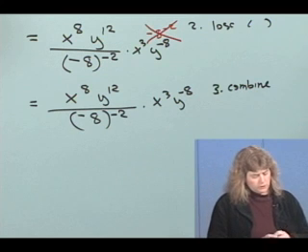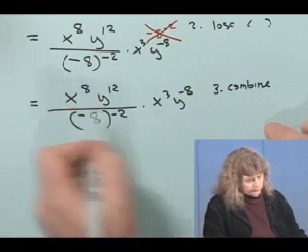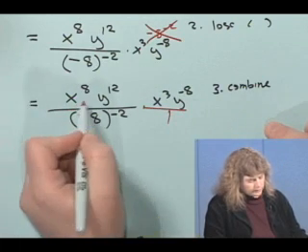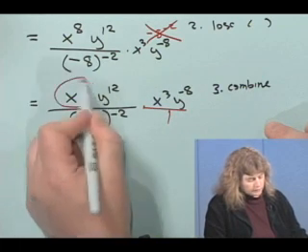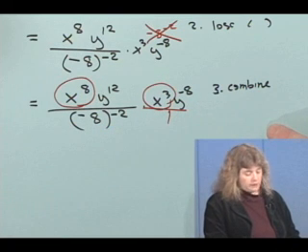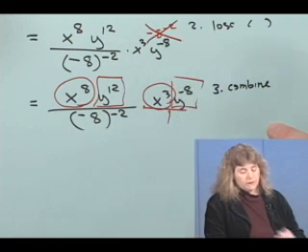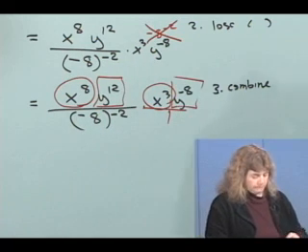Well, we have two occurrences of x. So we'll want to, remember this is over 1, so it's in the numerator. We'll want to put together the x's. We'll add the powers since they're on the same side. We have two occurrences of y. Same drill. Okay.